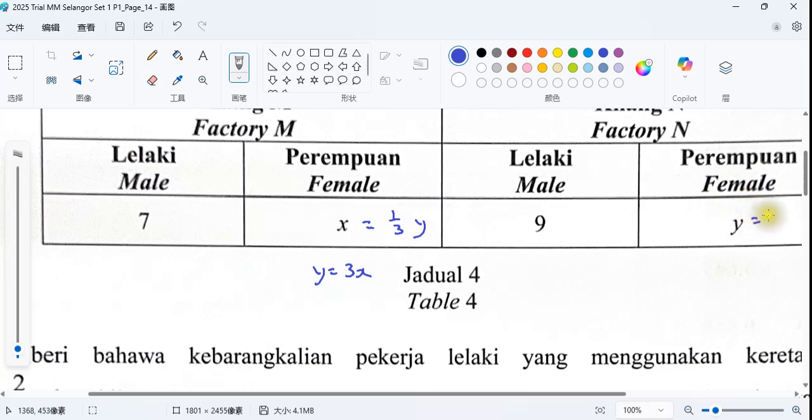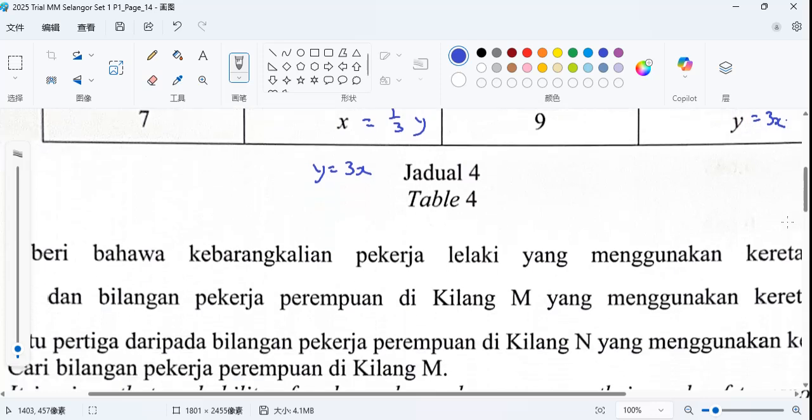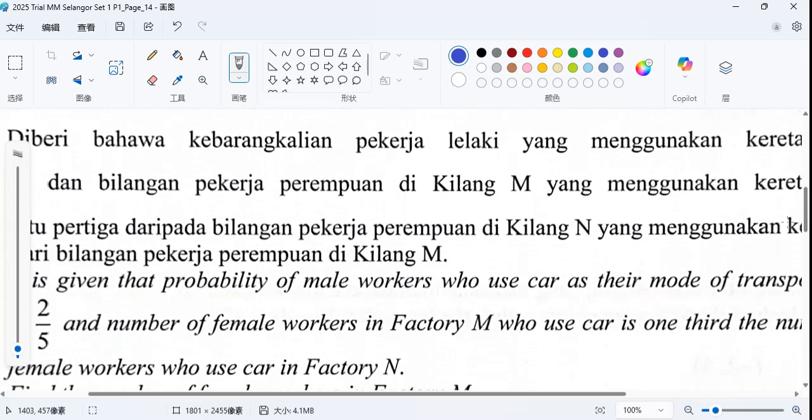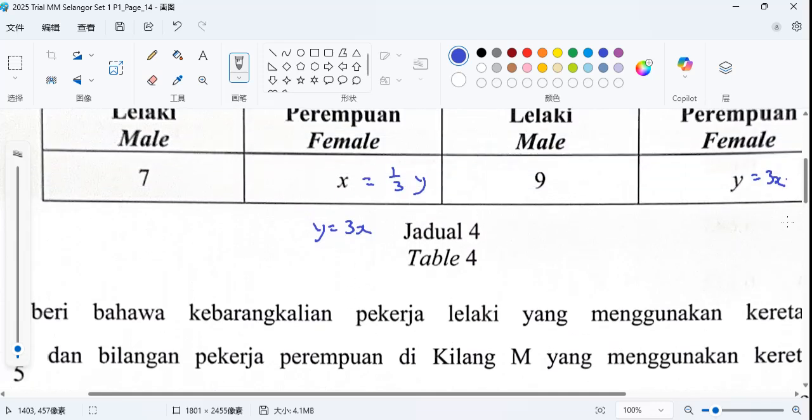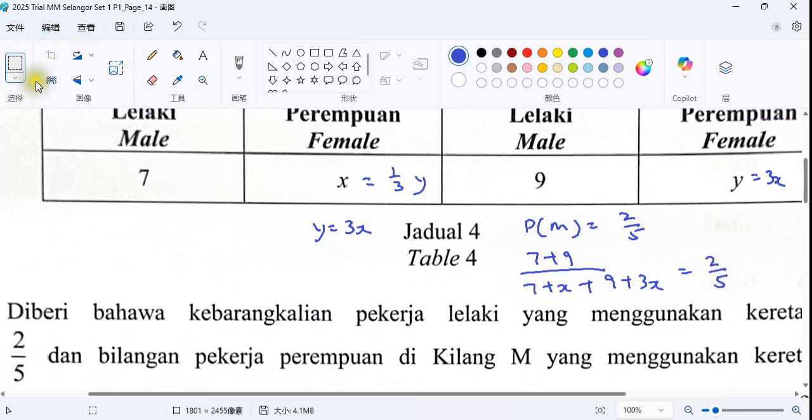So this is equal to 3x. And then the probability for male, okay, is 2 over 5. So probability of male is 2 over 5. So male is 7 plus 9. Then this is 7 plus x plus 3x plus 9 plus 3x equal to 2 over 5.